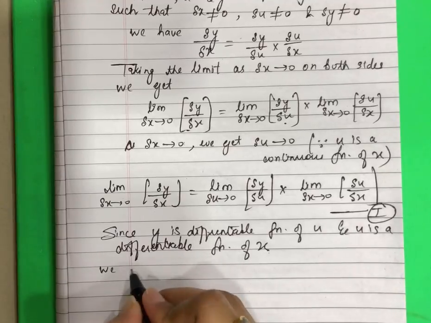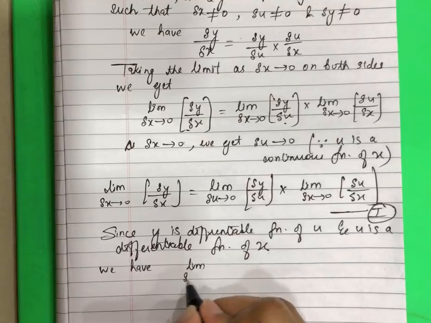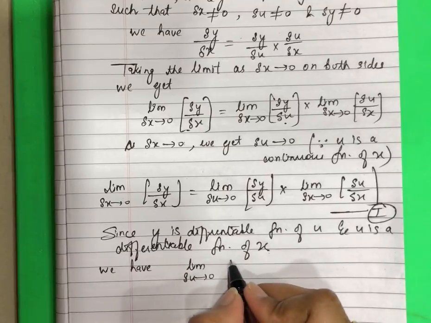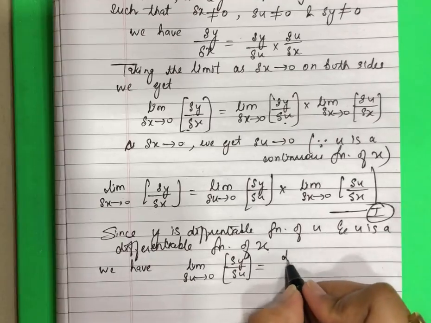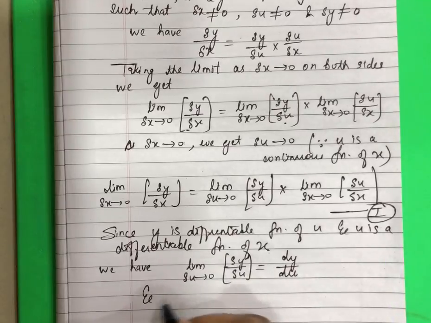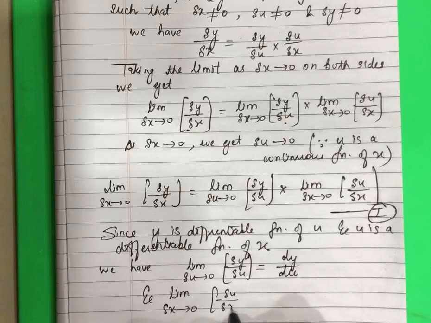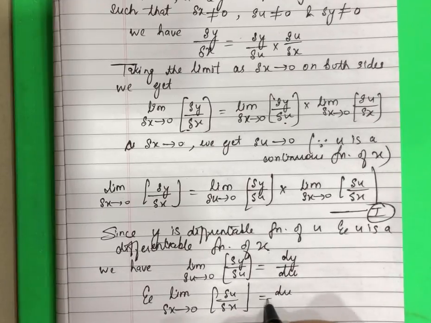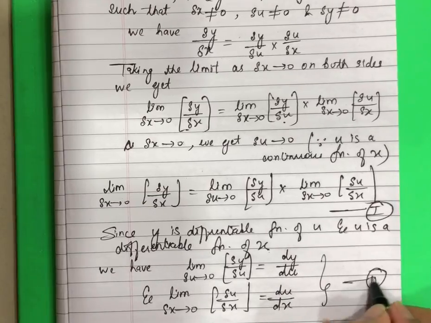So as per the definition we have discussed, limit del u tends to 0 of del y upon del u would be equal to dy upon du, and limit del x tends to 0 of del u upon del x is equal to du upon dx. These both are second.